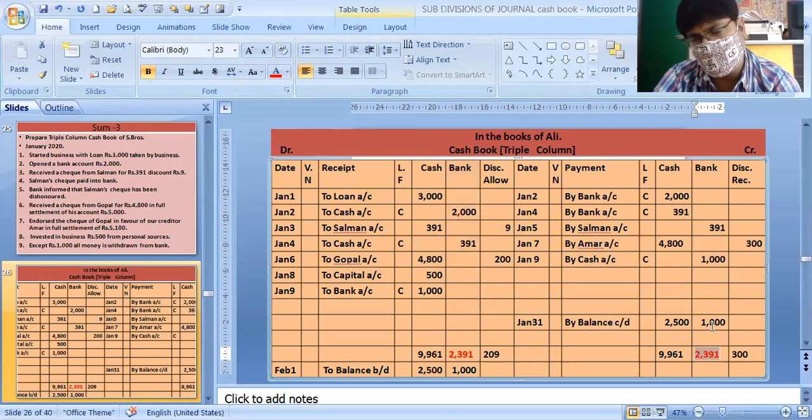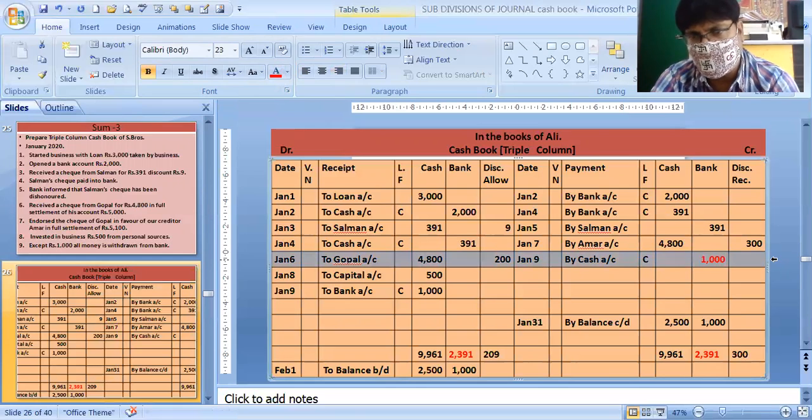The balance is coming 2000. We left 1000 because it is mandatory to keep 1000 in the bank balance, and the rest of the money came to 1000 over here coincidentally. So that 1000 is being deposited into the bank, and for that we have a contra entry. This 1000 contra entry is there, by cash to bank.